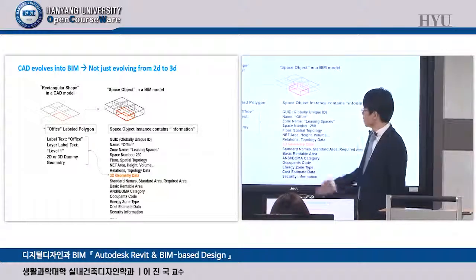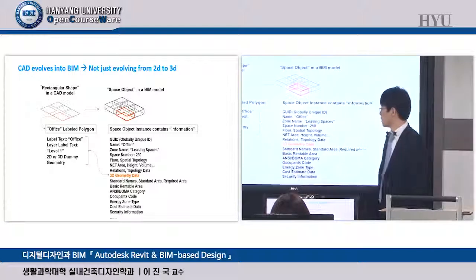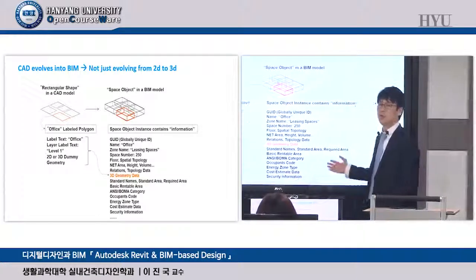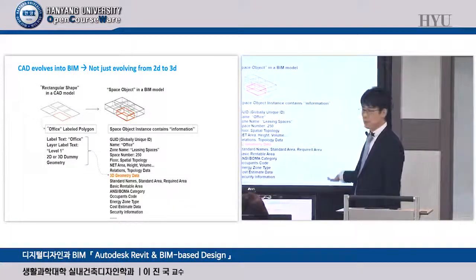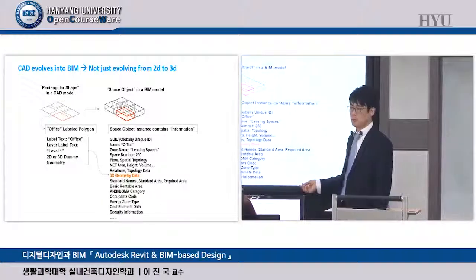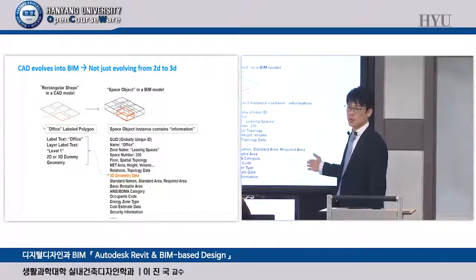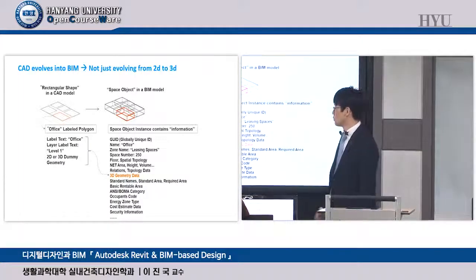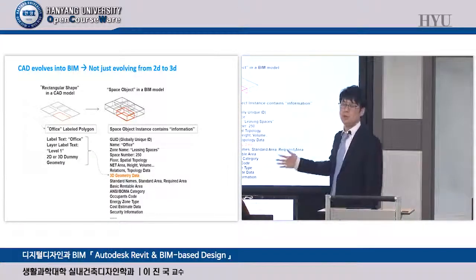Actually, look at this, the information set is never ending. In other words, it is open-ended. So far, there are specific definitions, defined by someone else, ISO, some industry people, some developers. But you can add anything, it's open-ended.